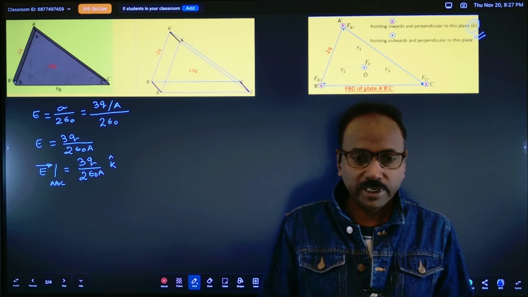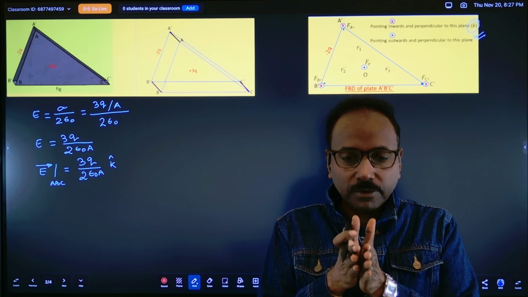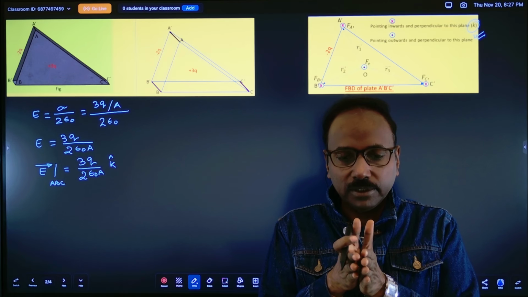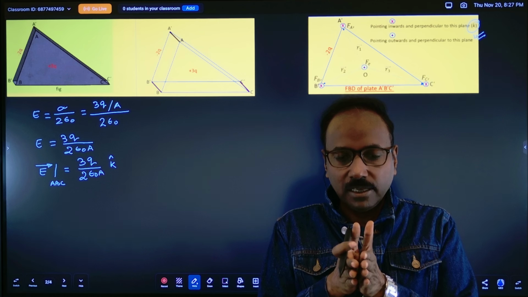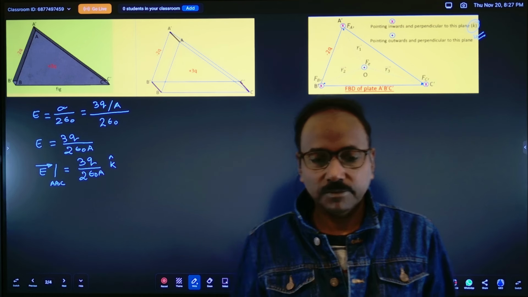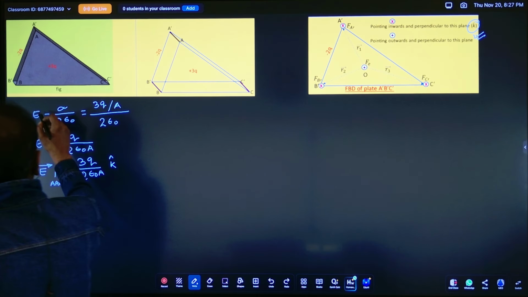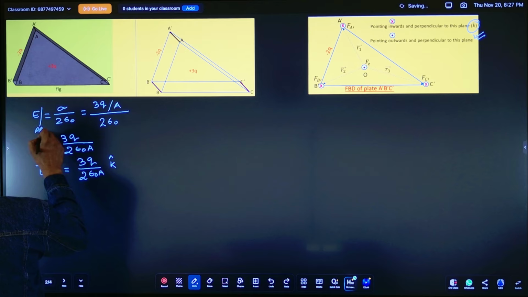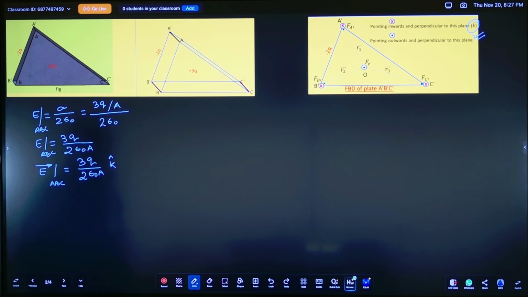Because it has been given in the question: these two plates are very close to each other, and the distance between the plates is much smaller than the linear dimension of the triangle. So we got the electric field intensity.